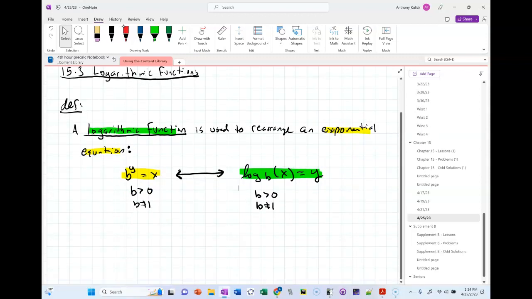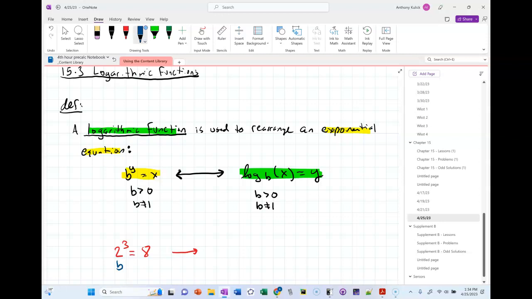So let's just observe for a moment what this logarithm is really doing. Let's say we have something like 2 to the third is equal to 8. Everybody's okay with that being true? That's an exponential equation.